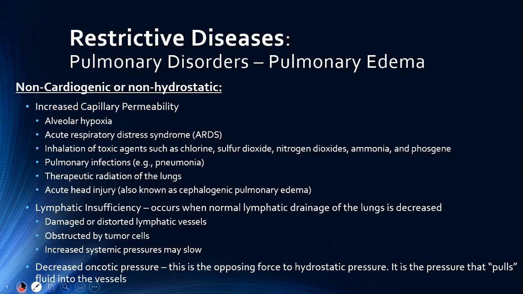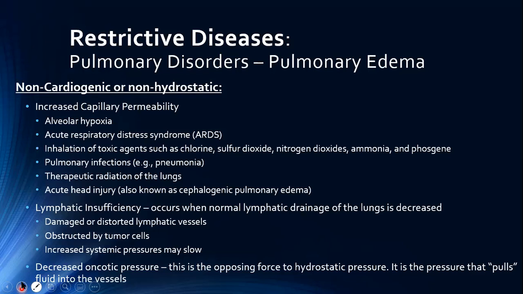But it happens because of a brain or head trauma, okay? So all those things I just named can cause increased capillary permeability, all right? So that's not the heart causing it, right? Since the heart is not causing it, it's called non-cardiac pulmonary edema, also known as non-cardiogenic or non-hydrostatic.